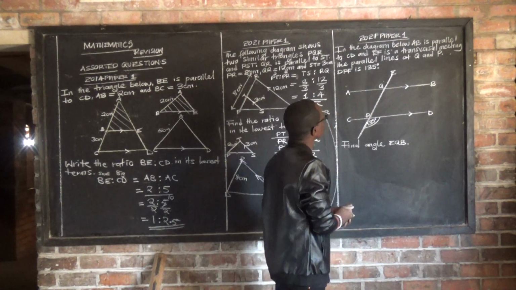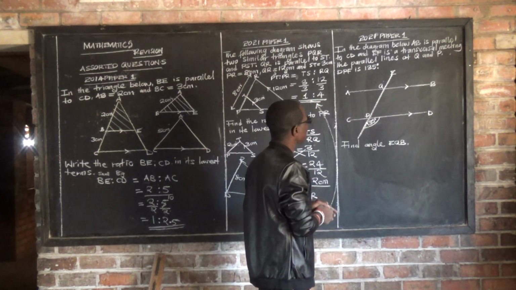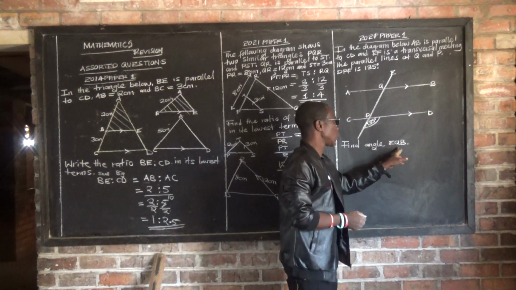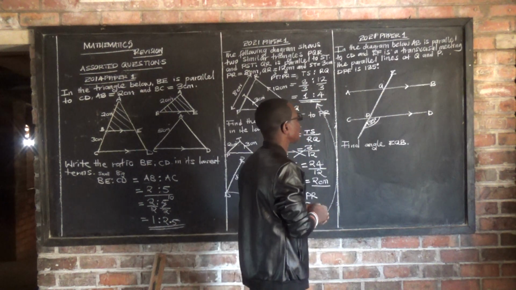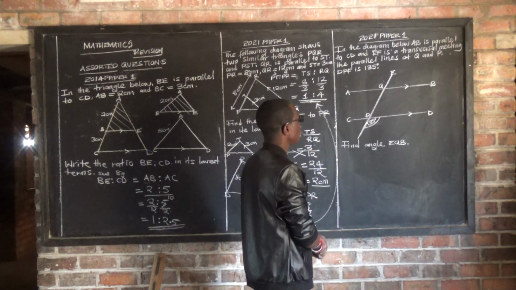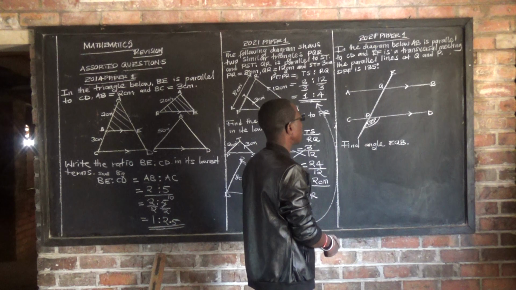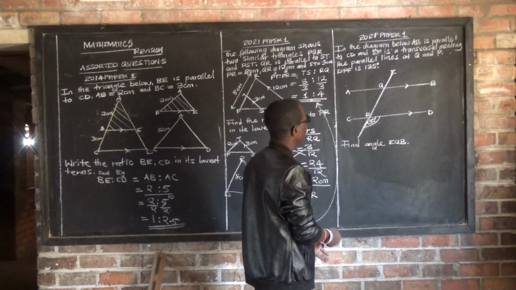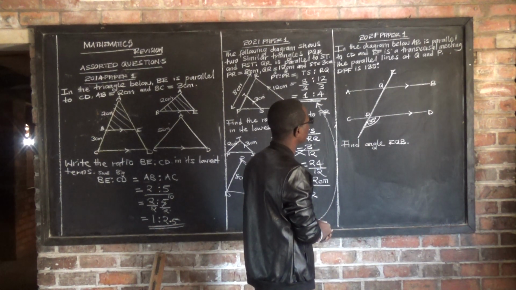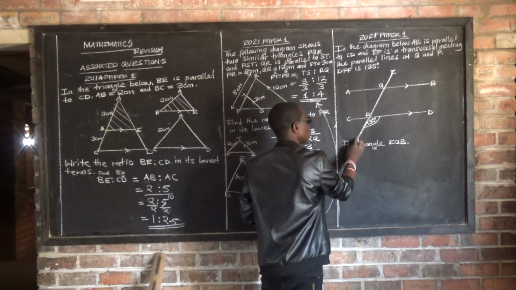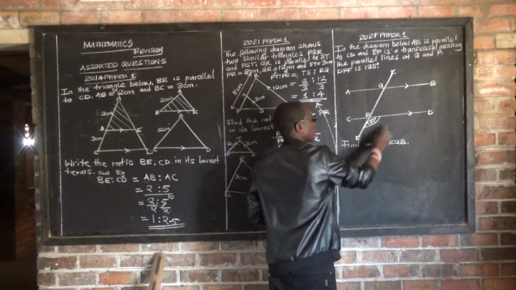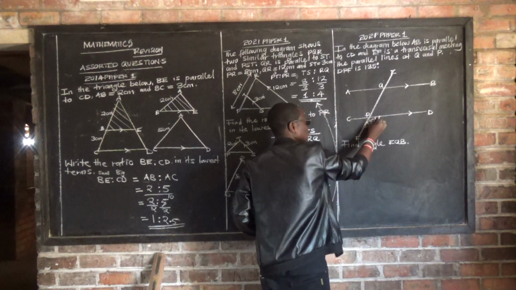So, it's saying, find angle EQB. They want us to find angle EQB. Given that angle DPF is 135.